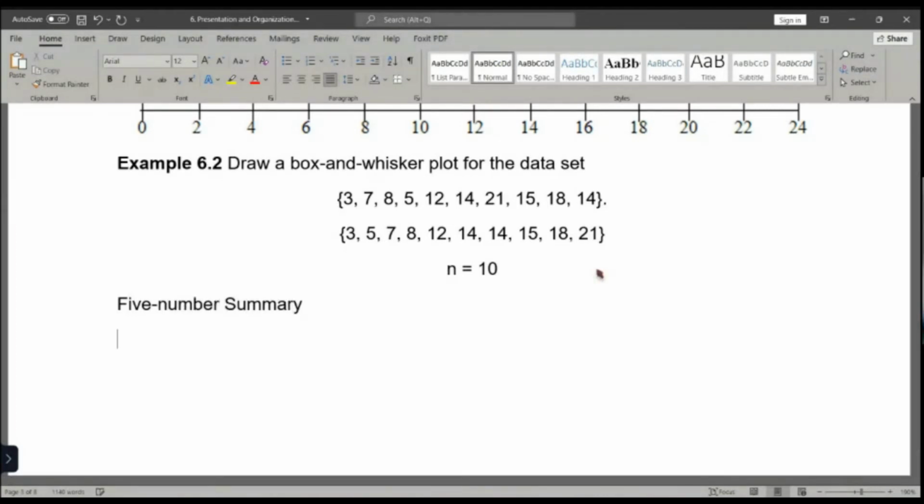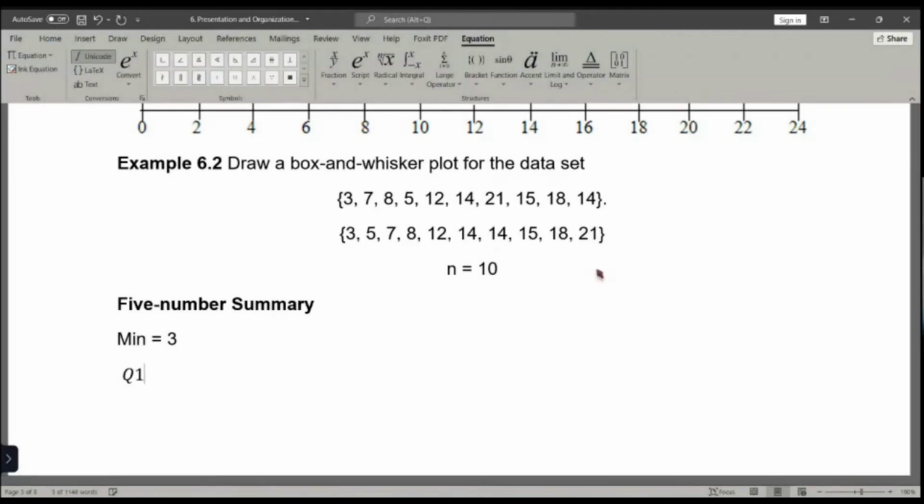Okay, we now have the 5-number summary. Minimum value. 3, sir. First quartile. Location.